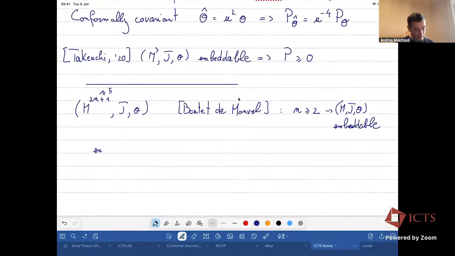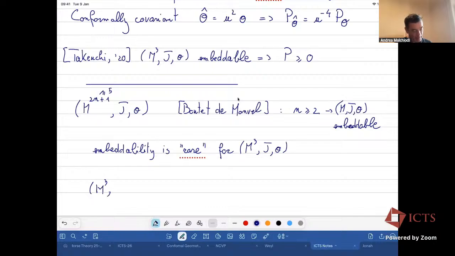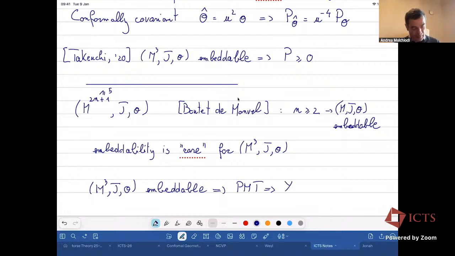It is, say, rare for three-dimensional structures. Okay, and we saw that if M3, J, theta is embeddable, then we have the positive mass theorem. And the positive mass theorem in turn implies that the Sire-Yamabe constant is attained.